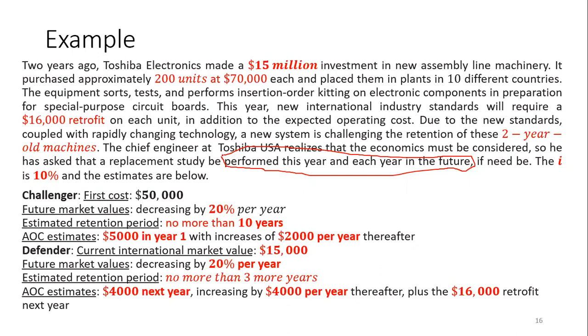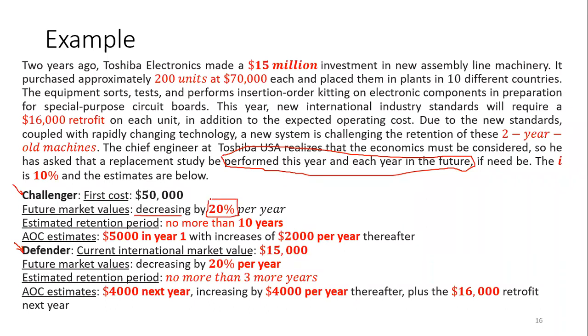If need be, the i percent is 10% and estimates are below. We have a challenger and its data, and a defender and its data. You see the future market value decreasing by 20%. What does this mean?